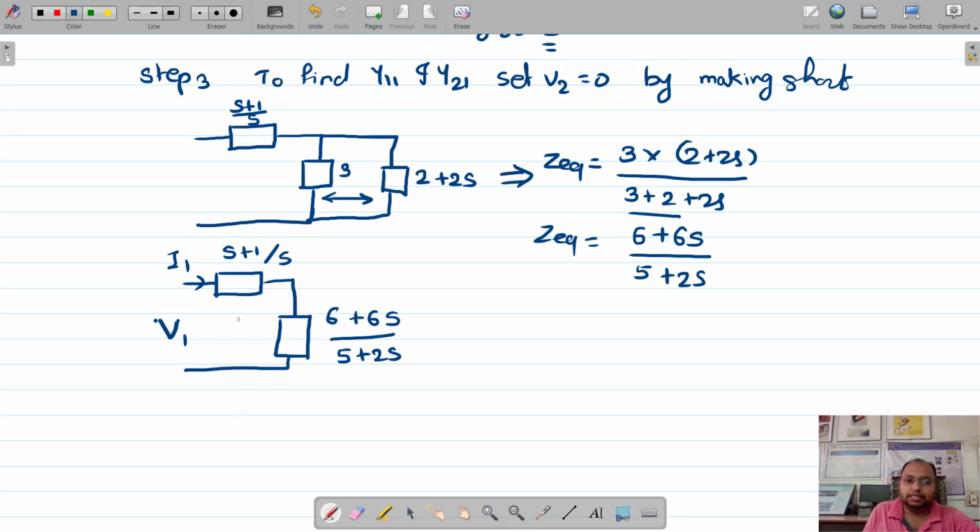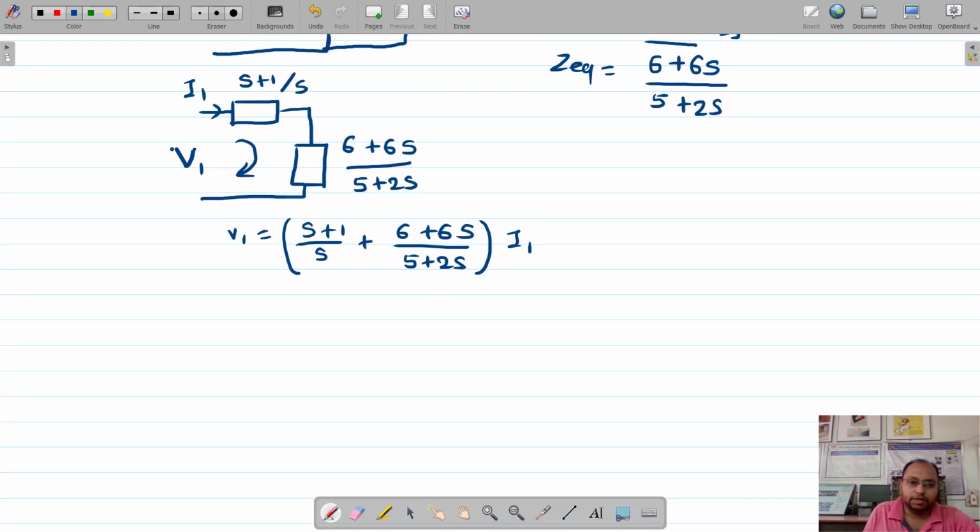Now let us apply KVL. V1 is equal to S plus 1 divided by s plus 6 plus 6s divided by 5 plus 2s, multiplied with I1. So let us take V1 by I1 like this.